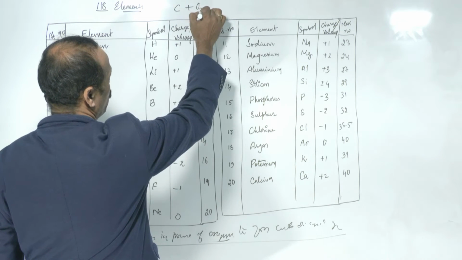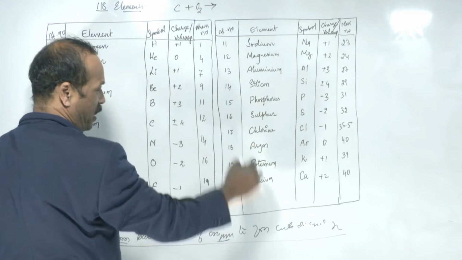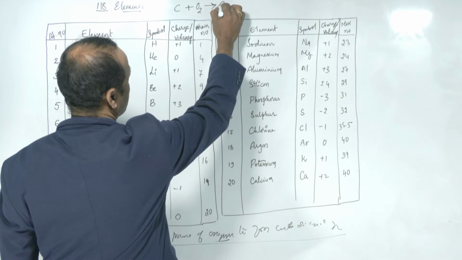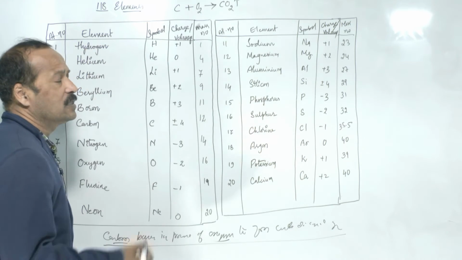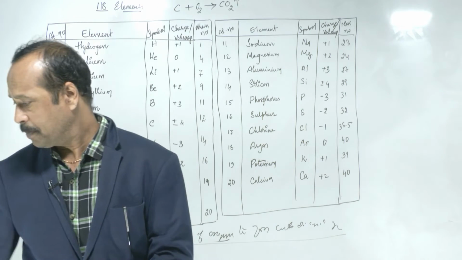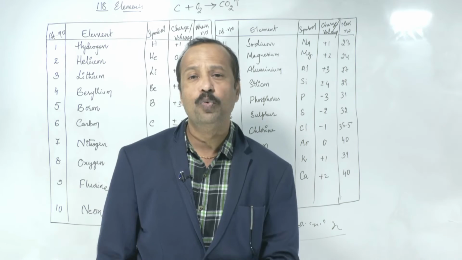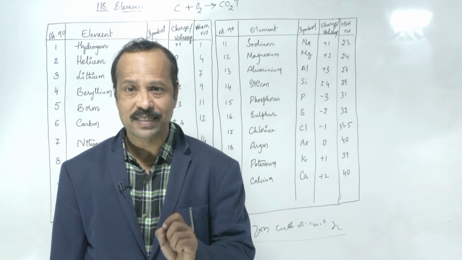Oxygen we write O2. To form, we give an arrow mark. Next, carbon dioxide is CO2. See how simply we have written. In this way a big chemical reaction we can represent in short by using symbols and formulae.